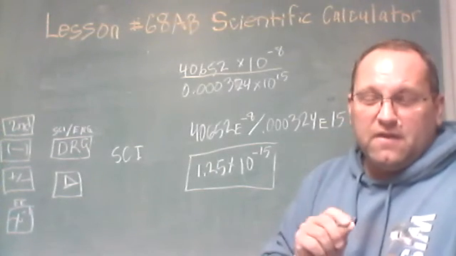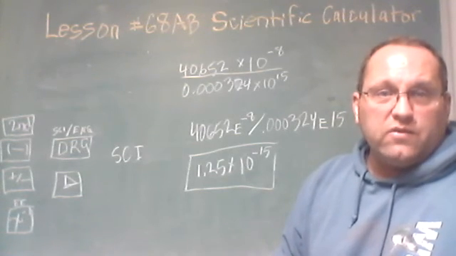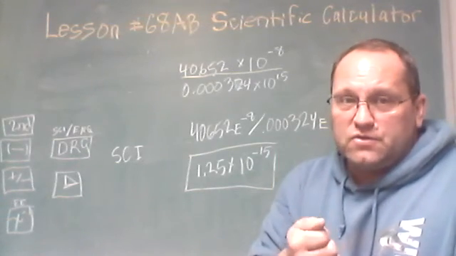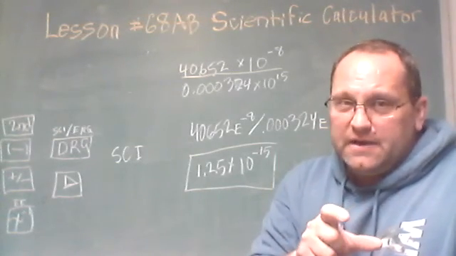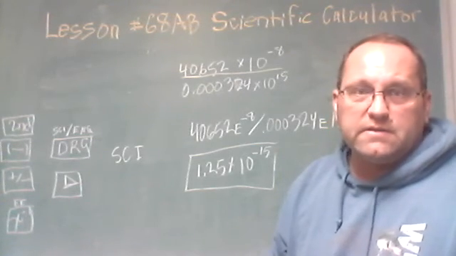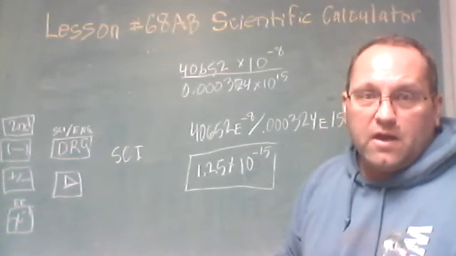If you're at a standstill or you're unsure what to use with your calculator, you have 2 options. You can screenshot a picture of it, as long as I can read it, and send it to me, because I'm kind of familiar with some of these buttons on various calculators. Maybe I can help you out.